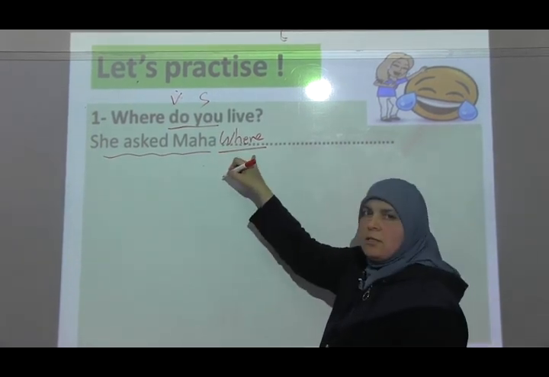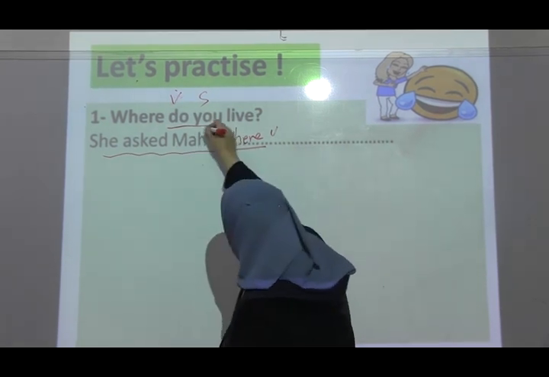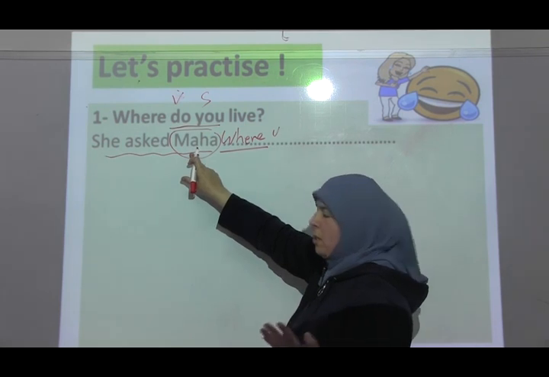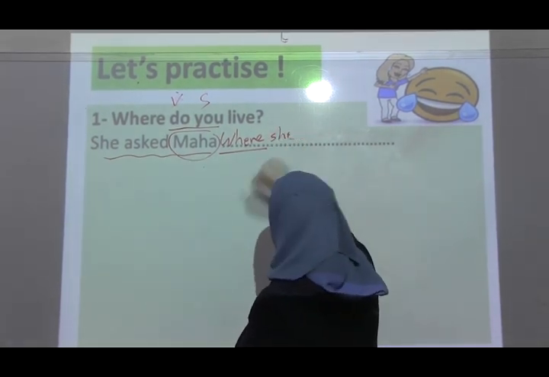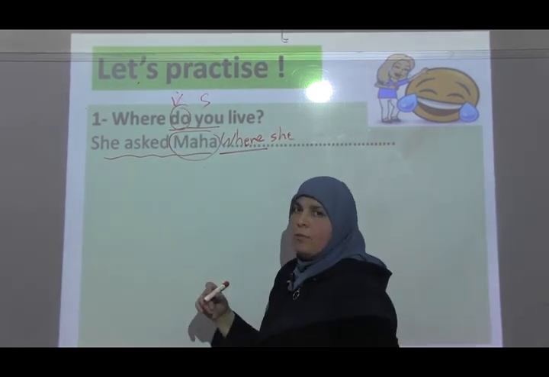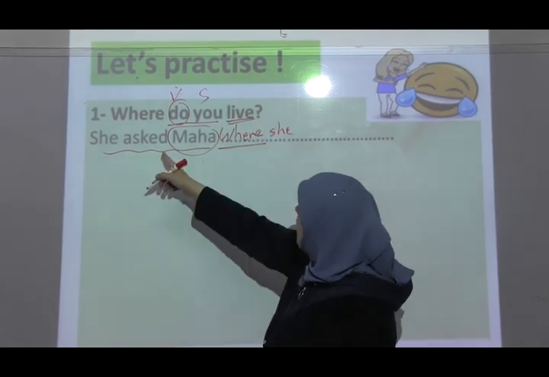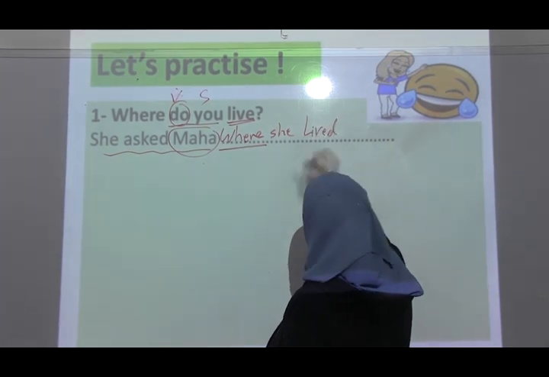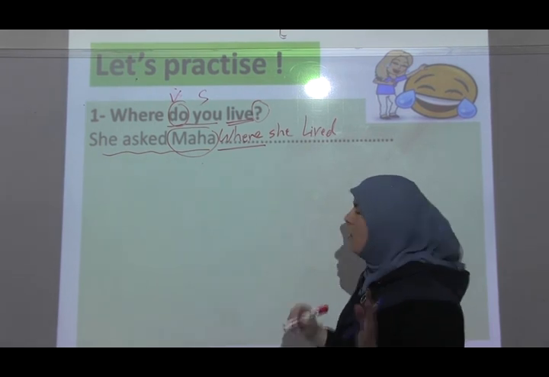I start with the subject. I'm talking here about Maha, so you should suit Maha: where she. The verb do here is in the present form, so I change the main verb into past simple. She asked Maha where she lived. And instead of the question mark, I put a full stop.